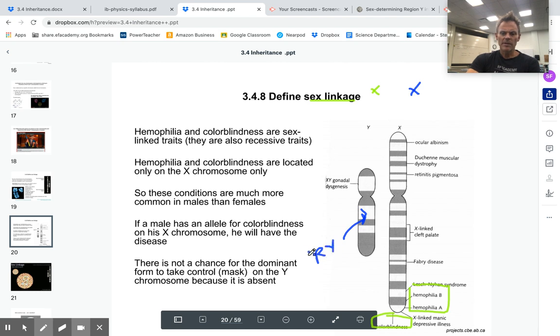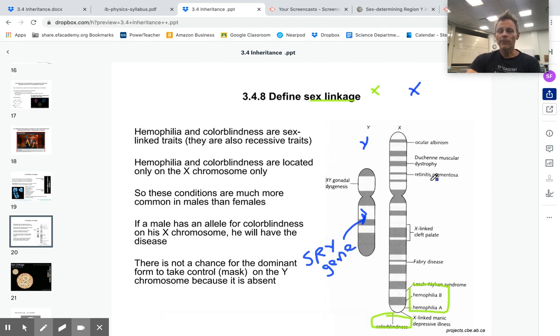The SRY gene stands for sex determining region on the Y chromosome. There's an area on this Y chromosome that makes a protein, gene to protein. It makes a protein that is responsible for the primary sex characteristics in males. So basically all the boy parts.